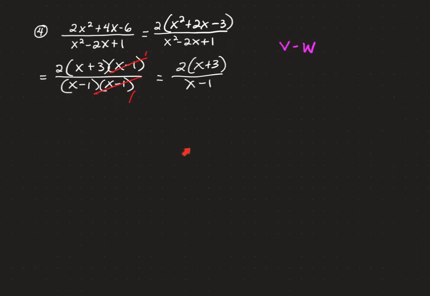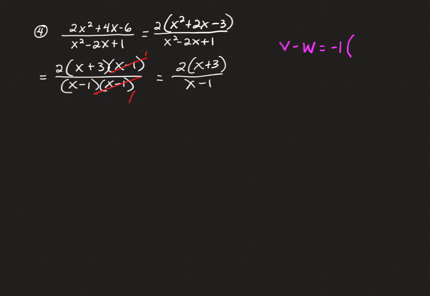Before we move on to the next example, I'd like to direct your attention over here to the right where I've written v minus w. I want to manipulate this a little bit to show you something that will be very useful. v minus w. What would happen if we were to factor out a negative 1?